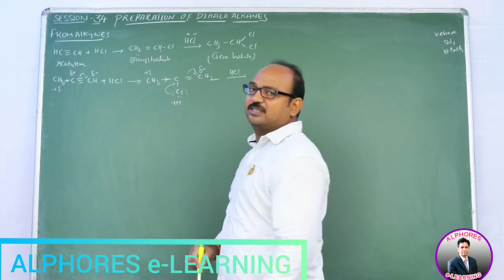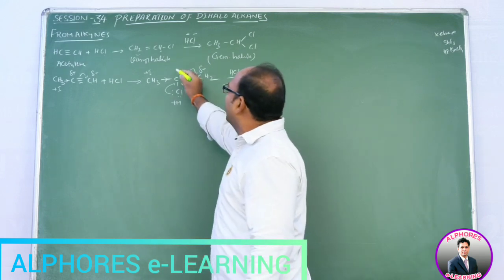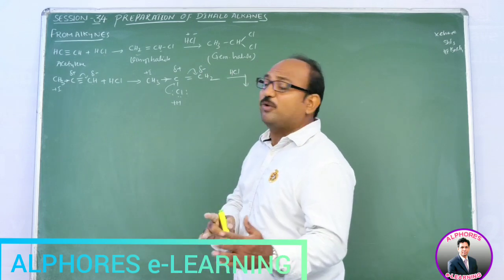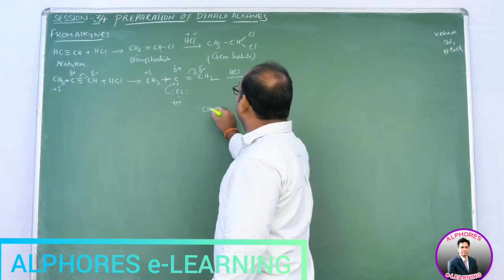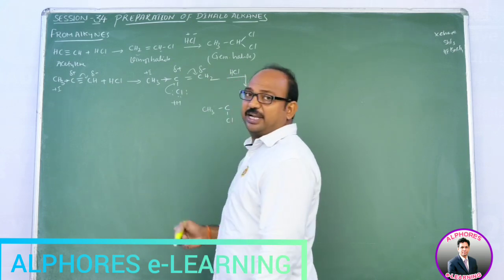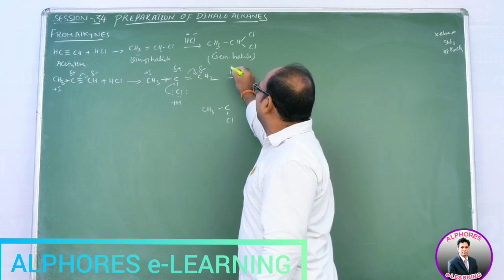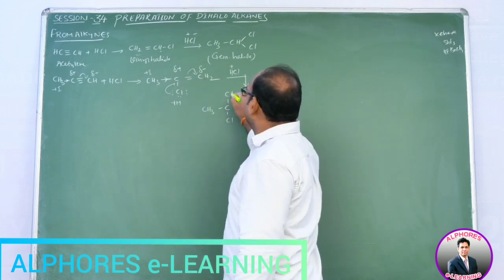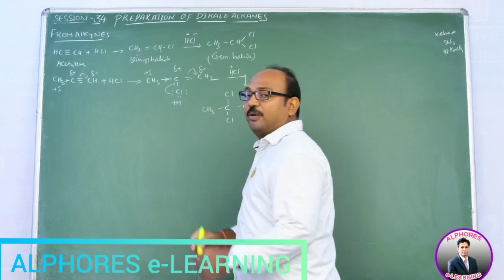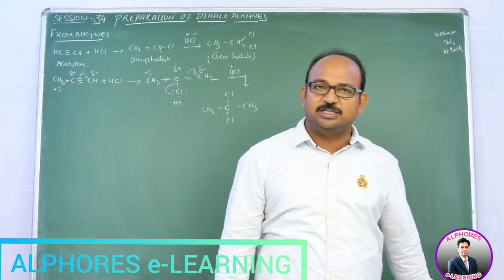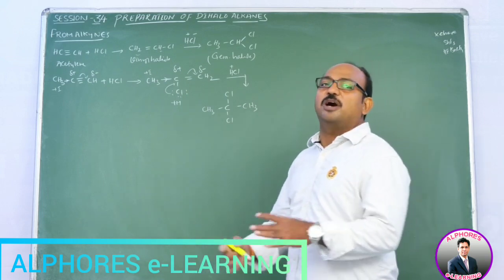Again this one acquires partial negative charge and this carbon acquires partial positive charge. Hence what product are we going to get? CH3-CCl2-CH3. Because this carbon acquires partial negative charge, H plus prefers to go to this carbon only and Cl minus will come to this one. So here also it follows Markovnikov rule. The addition is Markovnikov addition and the product is also Markovnikov product.